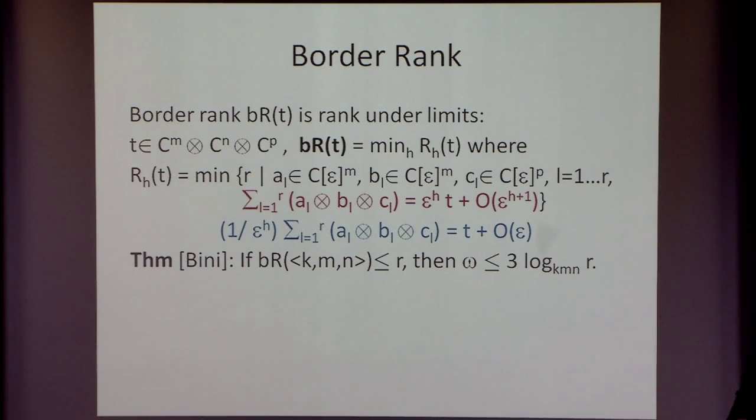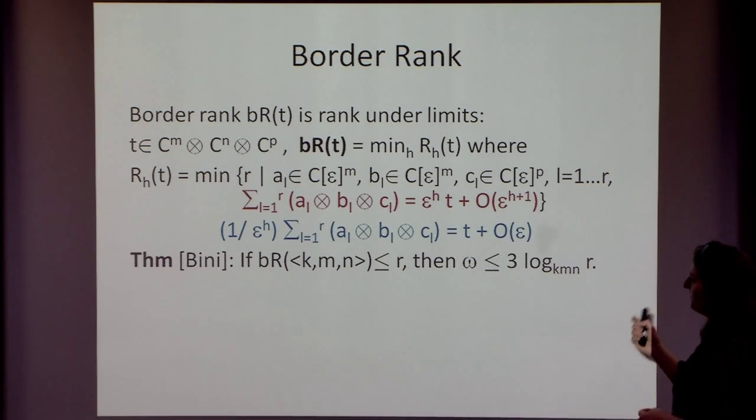The border rank could be half of the rank. But that's much less for our purposes. Constants actually really matter. Right. So the border rank can be smaller than the rank, and it's just as good as the rank with respect to obtaining bounds on omega, as Bini showed.